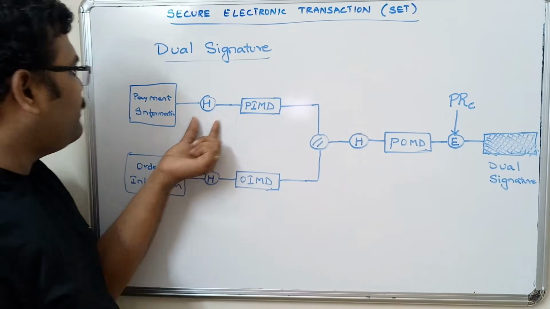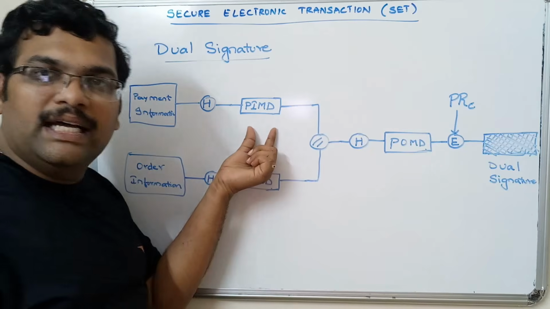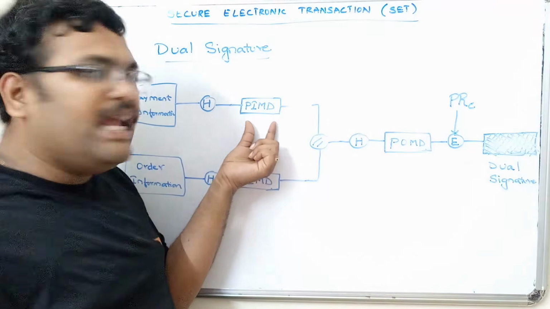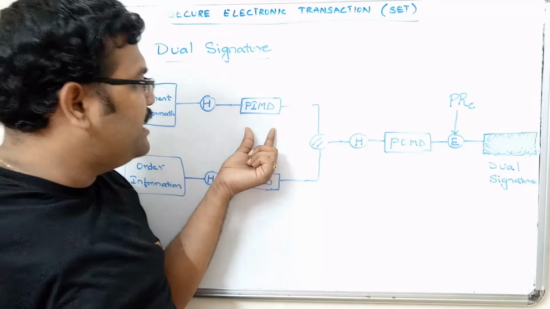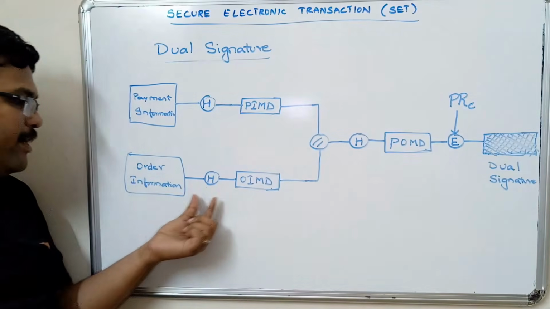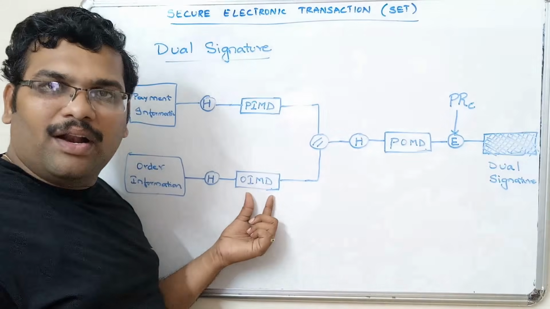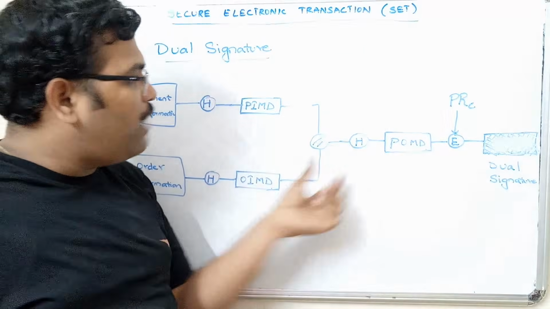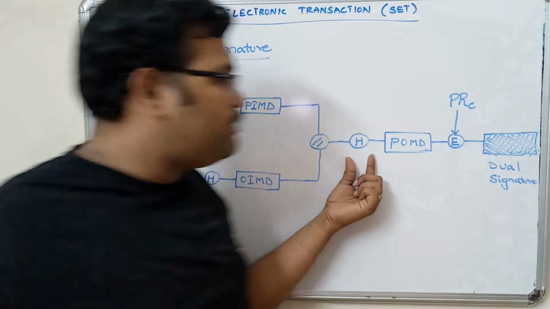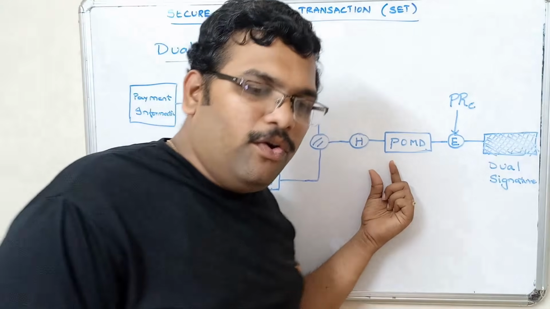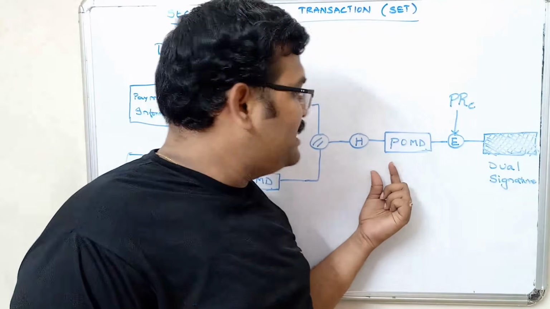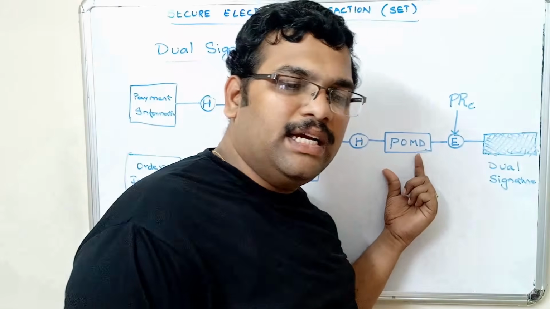Applying the hash function to the payment information gives the message digest PIMD, payment information message digest, and the hash applied to the order information gives OIMD, order information message digest. We append both and apply the hash function again, so that we will get POMD, the payment order message digest.